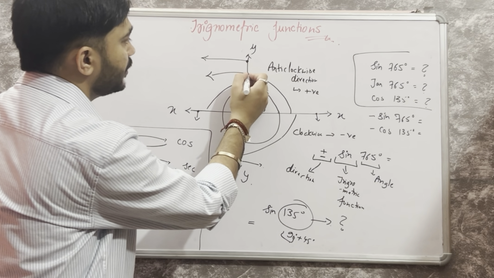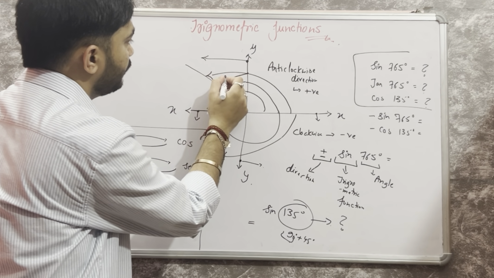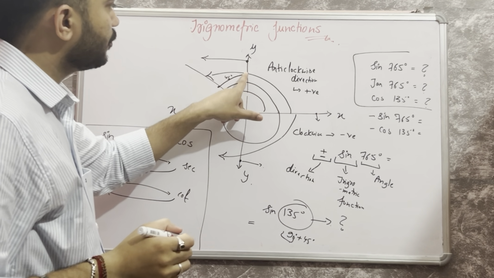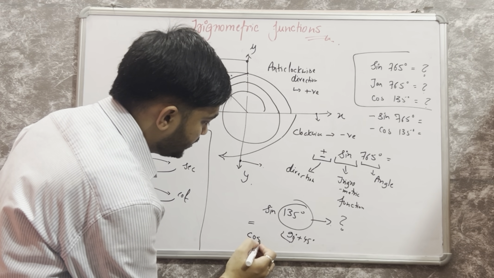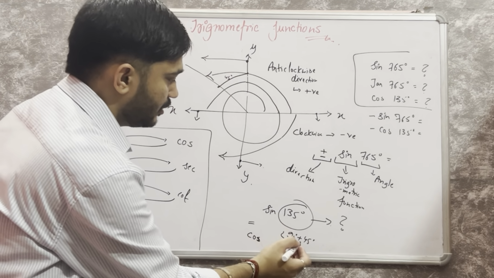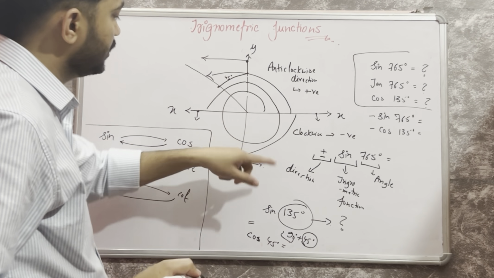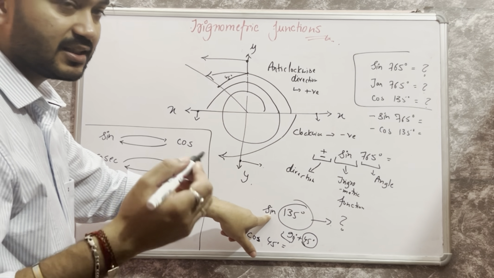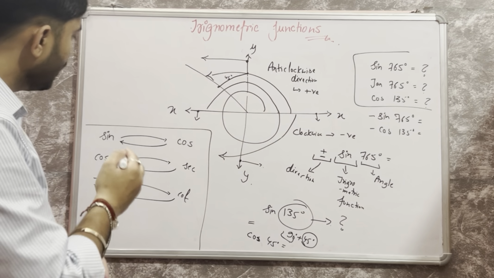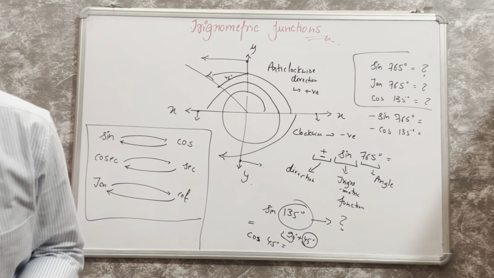We are going to stop here and the angle we get is 45 degree. We are stopping here, so the sine will change its name to cos of 45 degree. Thus, the name of the trigonometric function will change itself. So write it down that these names are going to be changed.